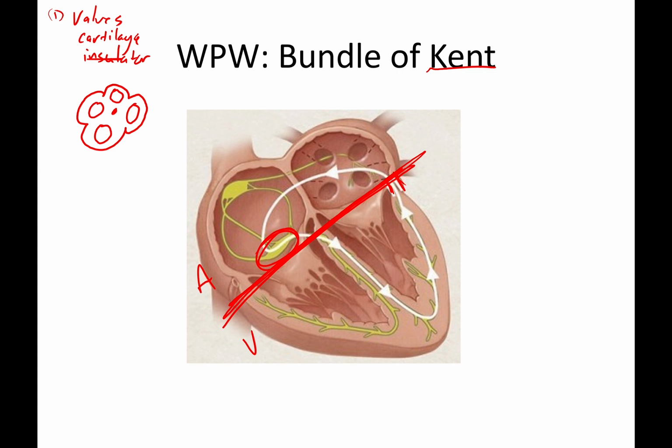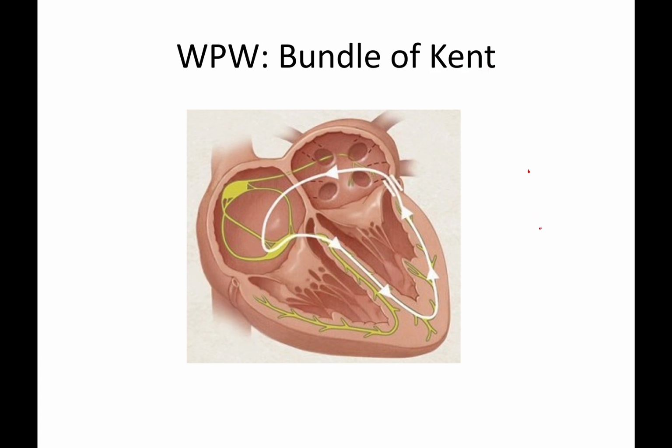So how does that bundle of Kent work then? Or why does it wind up allowing a reentrant rhythm to occur? Well, the idea is this. A normal heartbeat starts at the SA node, travels down, gets to the AV node, and then the AV node is the only point through which it can travel down to the ventricles.